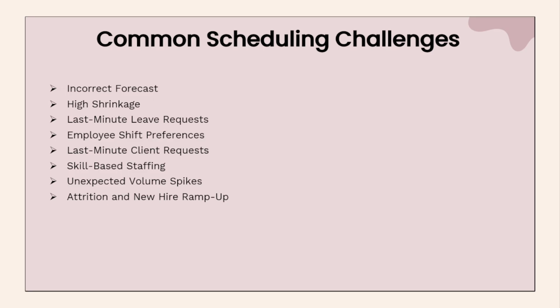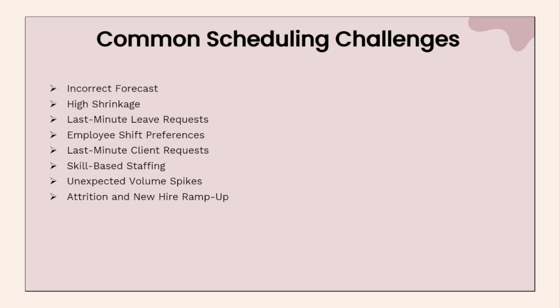Okay. High shrinkage. My floor shrinkage is going very high. Although we have considered the shrinkage at 10%, 20%, whatever we have considered, on some days there is unexpected and high shrinkage. In those scenarios, my RTA or operations team will need to manage that by giving OTs, by pulling agents from other queues.